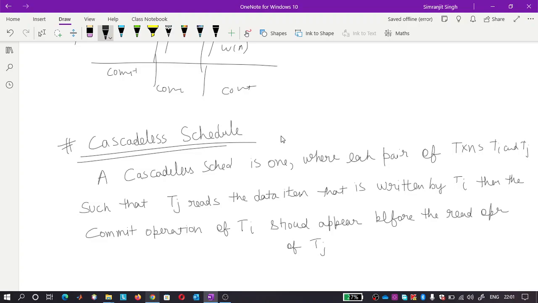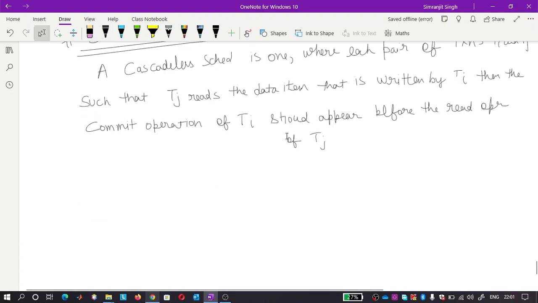It only reads the data item if there is a commit here. So I think it's stricter than the previous one. Previously we were reading from uncommitted data and placing our commit after that transaction, so we faced cascading aborts. So we decided we will only read from a transaction where the commit operation is already placed.